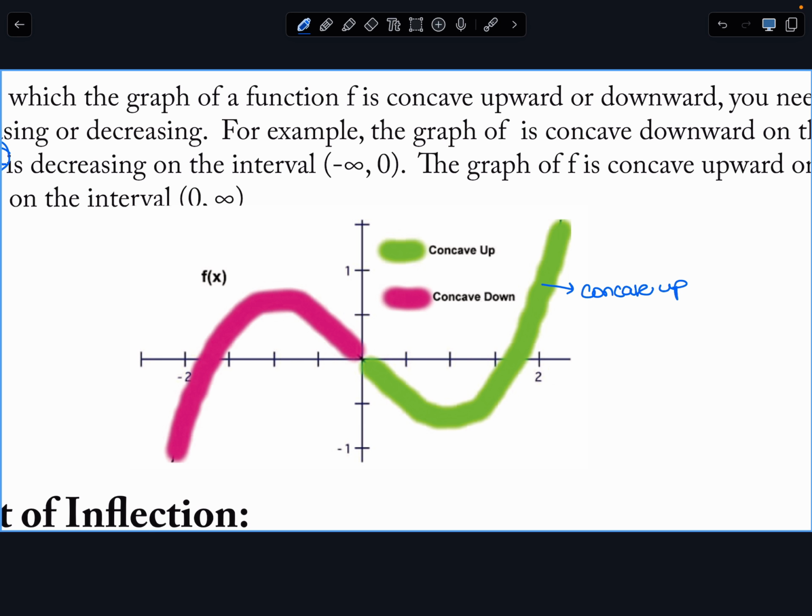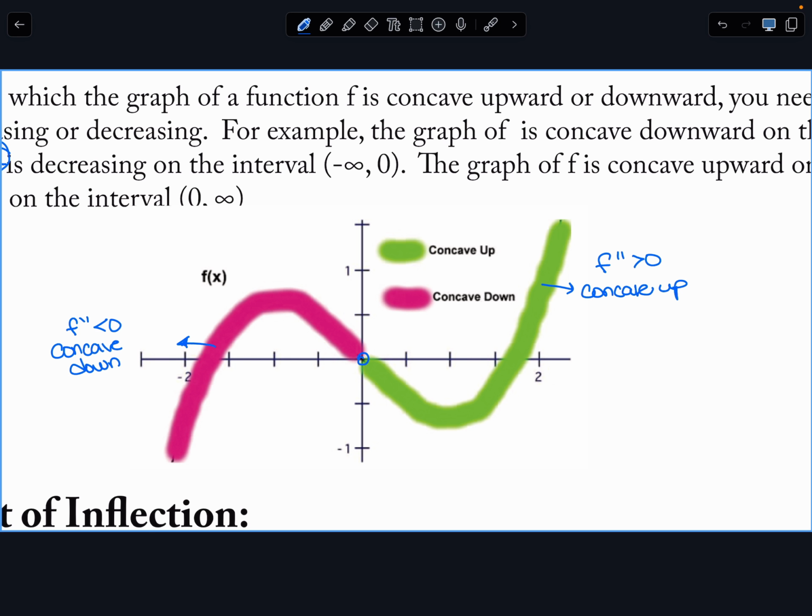Concave up would mean that my second derivative was bigger than 0. And here in pink, we would say that this is concave down, where my second derivative is less than 0.